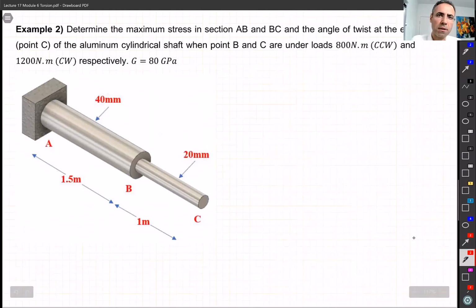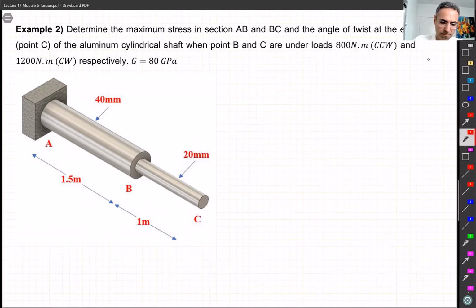Now let's solve an example a little bit harder. All right, I'll let you guys read this example first. I do the same. So it seems we have a shaft, but the diameter changed somewhere at point B. Basically, we want to know the stresses in the portion AB, which has a bigger diameter, and BC, which has a smaller diameter, right?